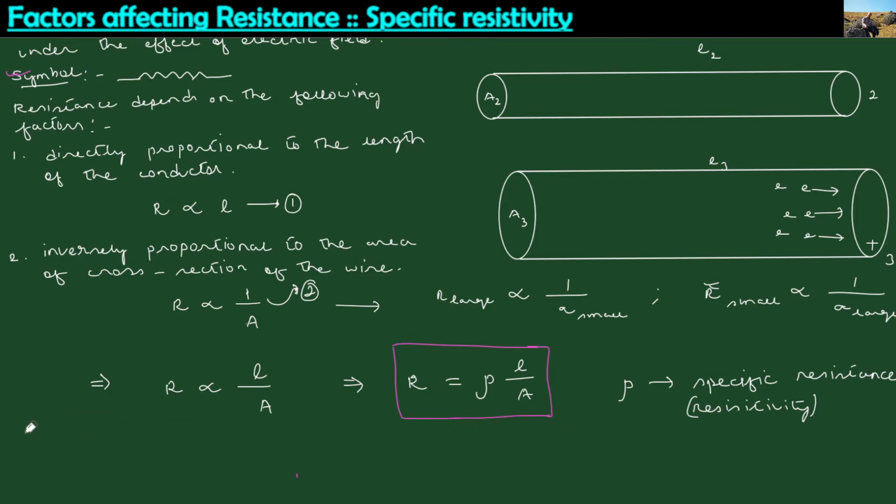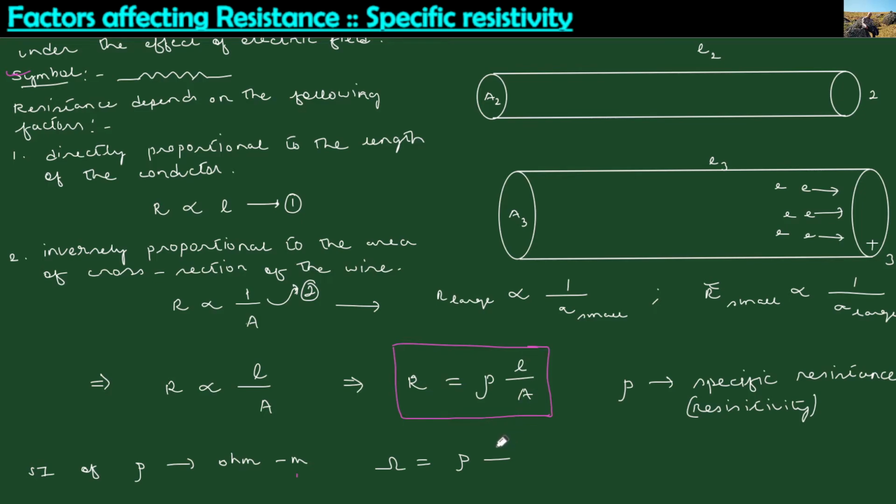What is the SI unit of rho? The SI unit of rho is ohm meter. So you can establish from there. What is the SI unit of resistance? The SI unit of resistance is ohm.